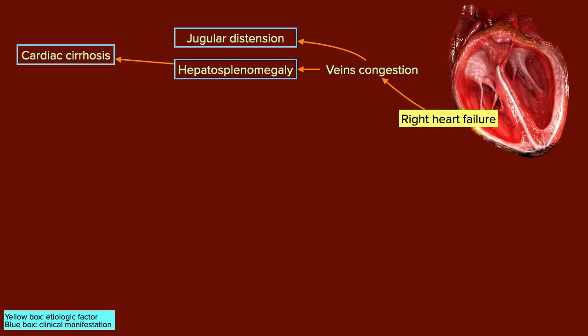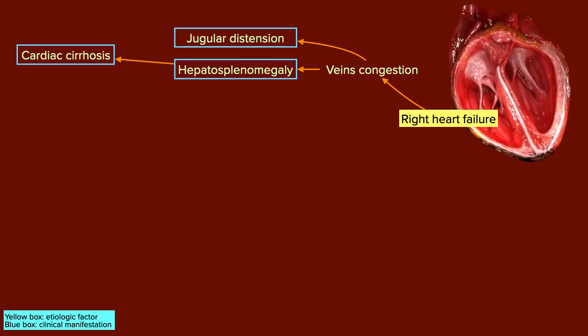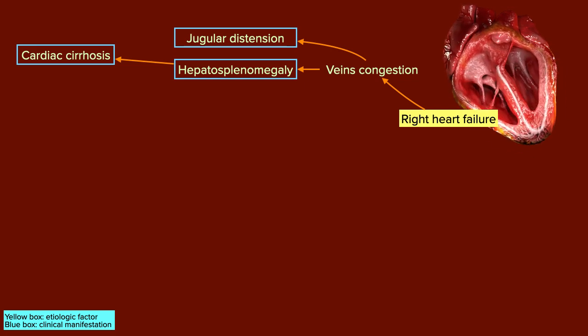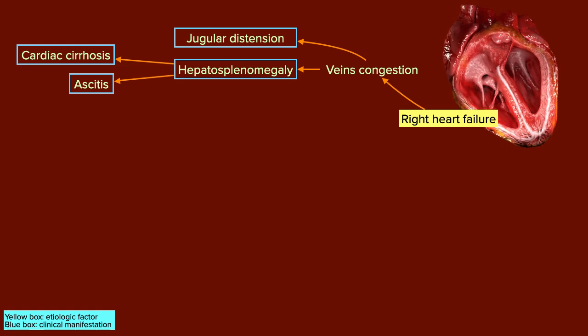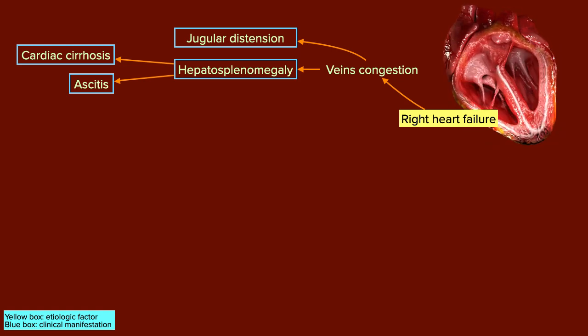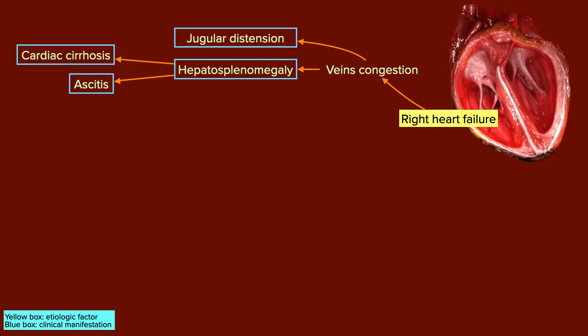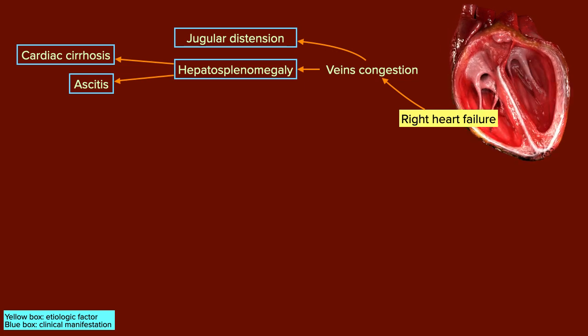Excess interstitial fluid near the surface of the liver and the spleen can also move into the peritoneal space, and since that cavity can take a lot of fluid before there is a minimum increase in pressure, a lot of fluid can build up in the peritoneal space, which is called ascites.